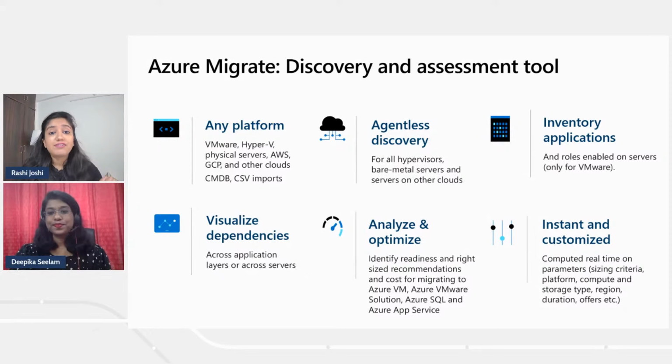You can also leverage the CSV import option to bulk import your source machines and perform quick assessments and plan your migrations. This tool also provides features that can help inventory applications and software components installed on your servers. The agentless dependency mapping helps you visualize dependencies across different tiers of applications and across applications and ensure that nothing is left behind when you're planning to migrate.